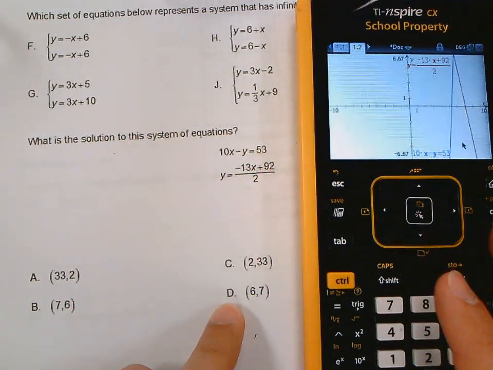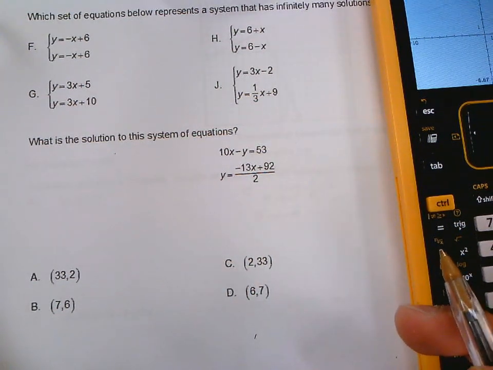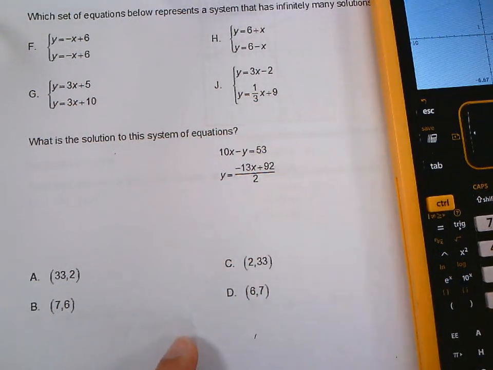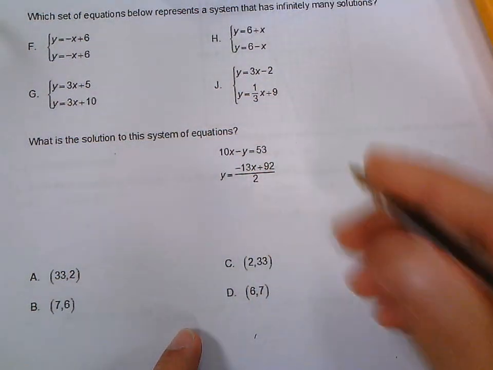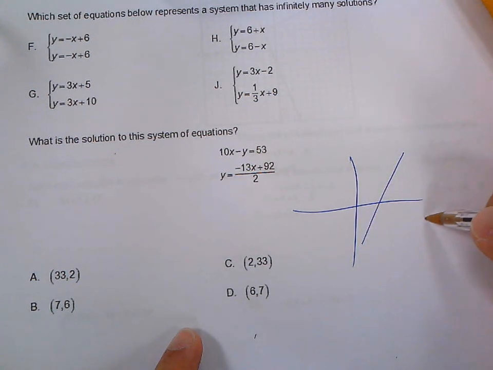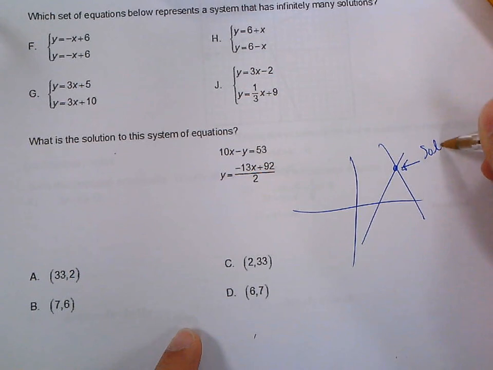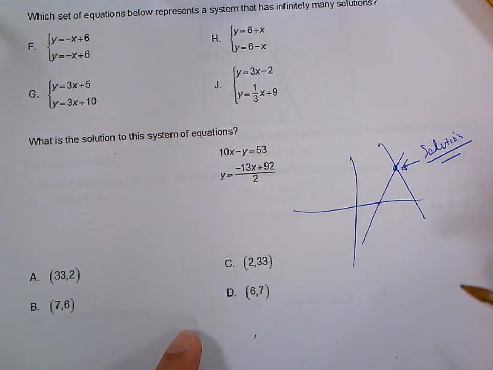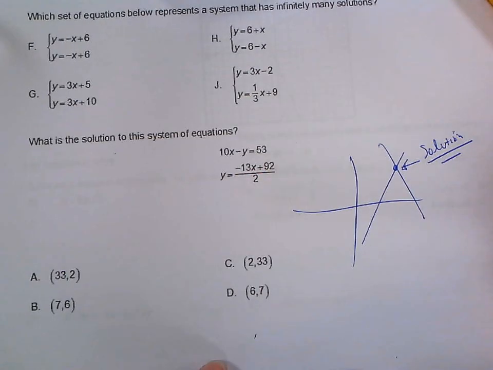And well, what is it that we're looking for, right? It might be like, why did we graph it? Well, we graphed it because we want to find the point where these two lines intersect. This point will be the solution to the system. That means that when I plug in x and y for both of them, my equations should be true.